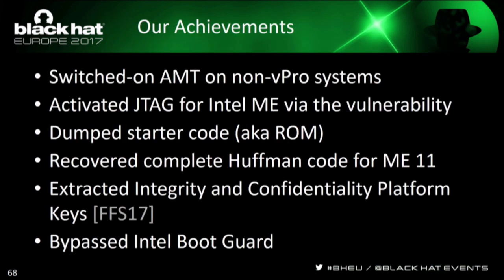And of course, our achievements. We switched on AMT on a non-vPro system. As we can see, we activated JTAG for Intel ME via a vulnerability. We dumped the starter code, ROM, and also we recovered the Huffman code via this vulnerability, and you can find this table in our utility on May 11.